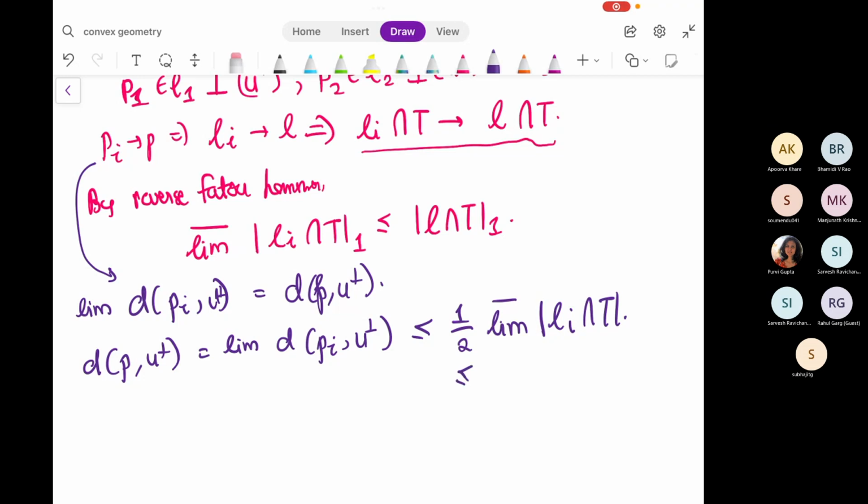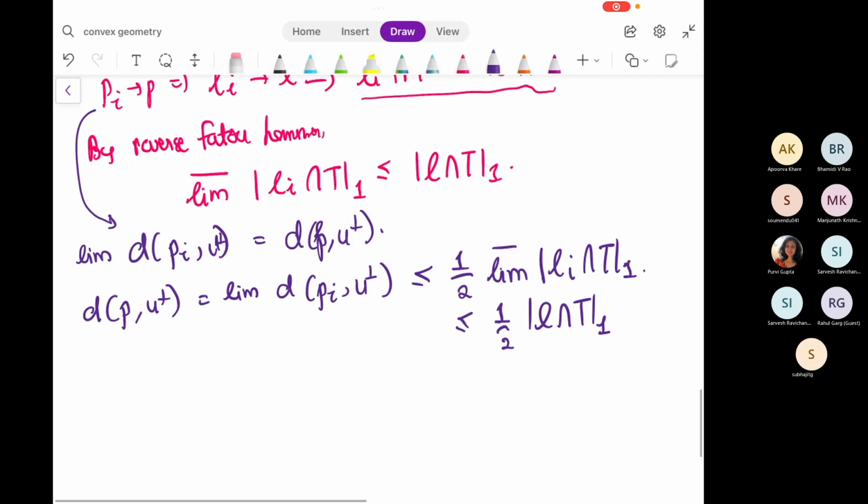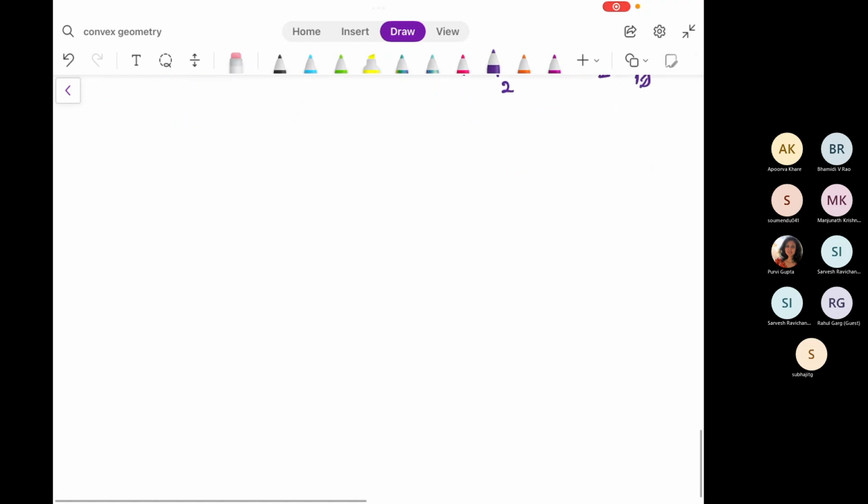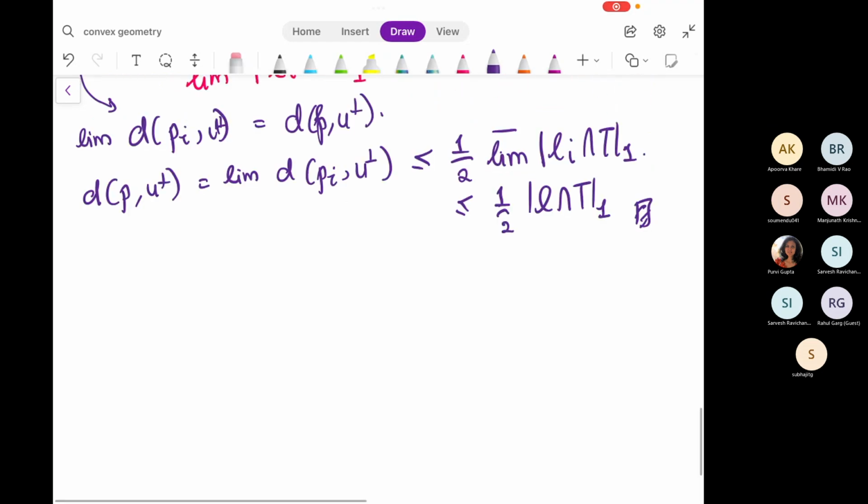And then because of the reverse Fatou lemma, that's just half the size of L intersection T. I'll be writing subscript 1 here to indicate that I'll be taking the one-dimensional Lebesgue measure of that particular line wherever necessary. And this condition here is sufficient for P to lie in the symmetrization. And therefore, closedness is obtained and compactness is obtained similarly.